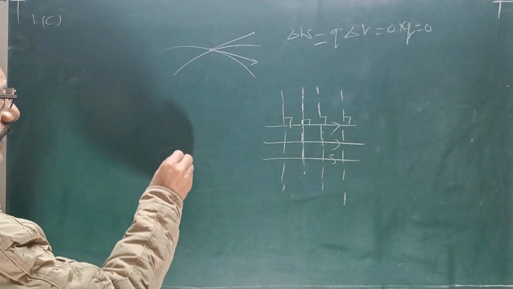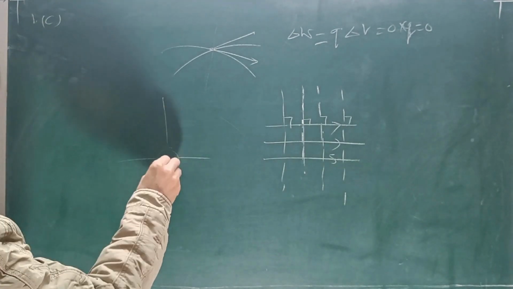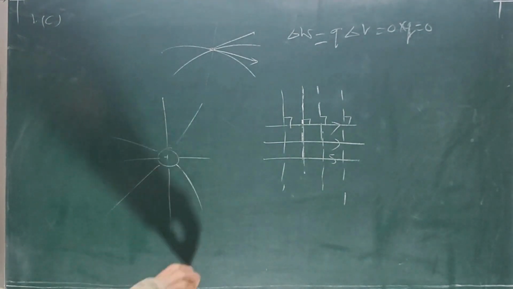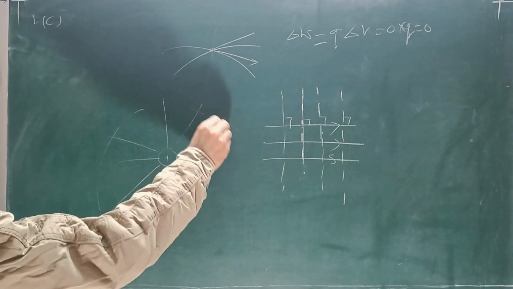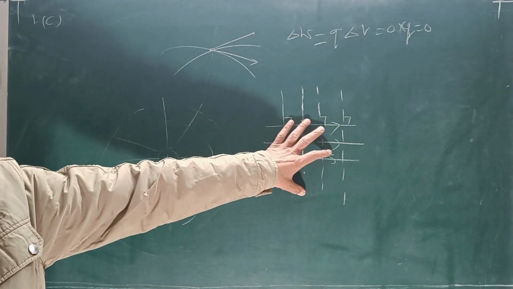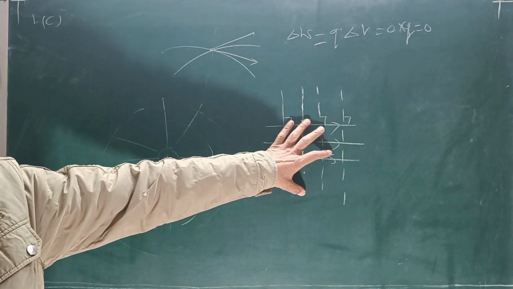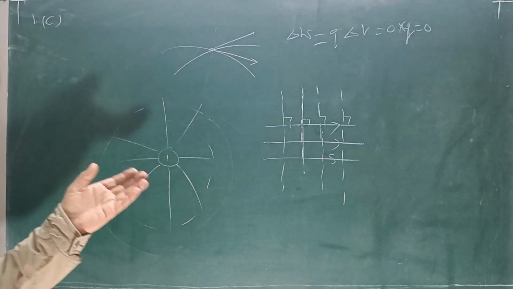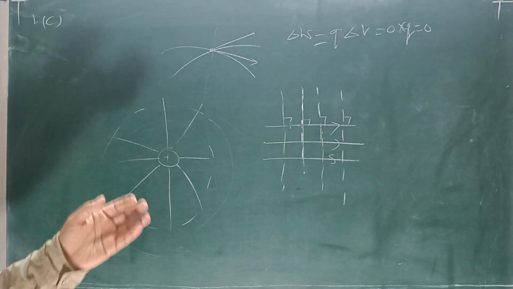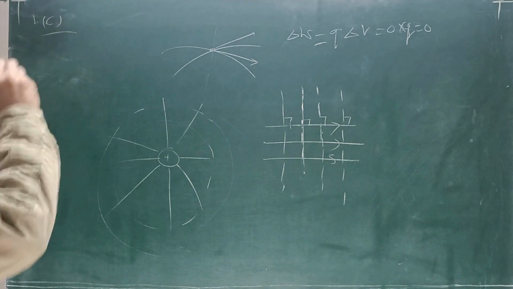Spherical may be only in the case of a point charge, where concentric spheres may be there, but this is not the case. So this is not a property of the equipotential surface. And D, they can be imaginary spheres. Yes, they can be imaginary spheres. So the correct answer is C.